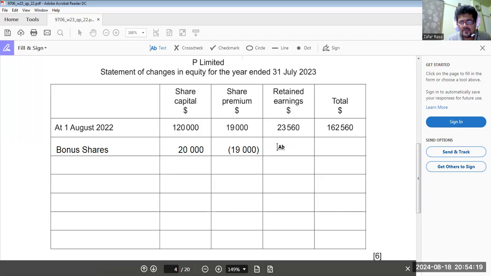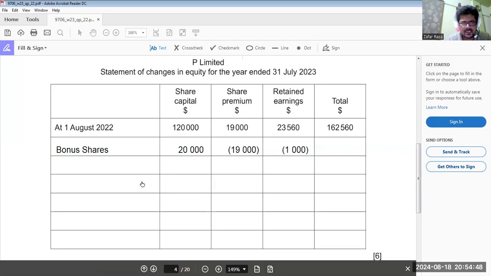So we will deduct 1,000 from retained earnings. This is it. Bonus shares. And it has no effect on the totals. There is nothing to add in the totals. Are you getting my point clear? Because share premium is reduced by 19,000 and retained earnings is reduced by 1,000. Share capital is increased by 20,000.